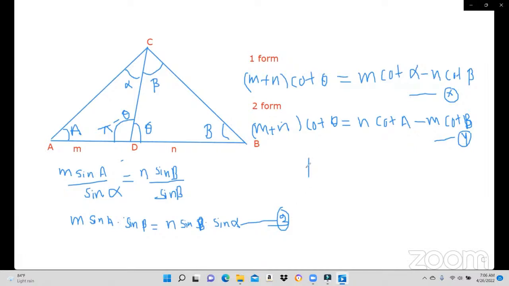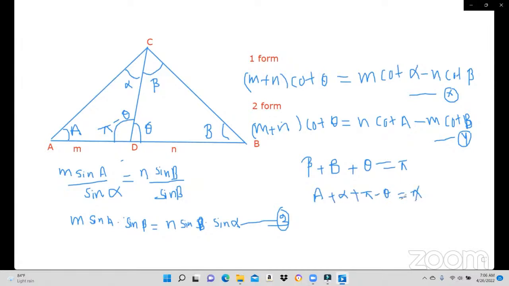So beta plus B plus theta equals pi, and A plus alpha plus pi minus theta equals pi.